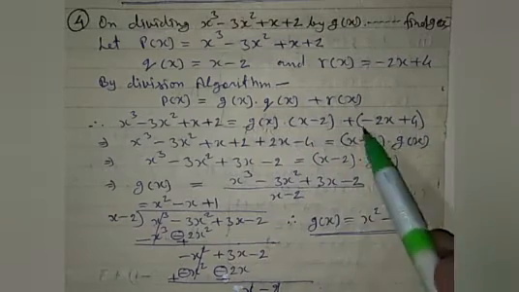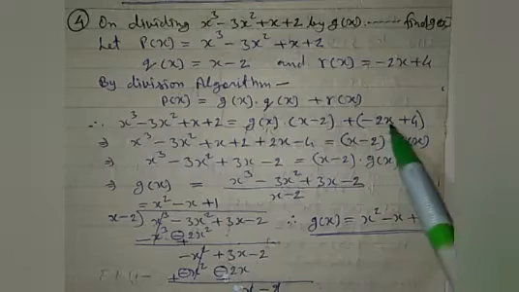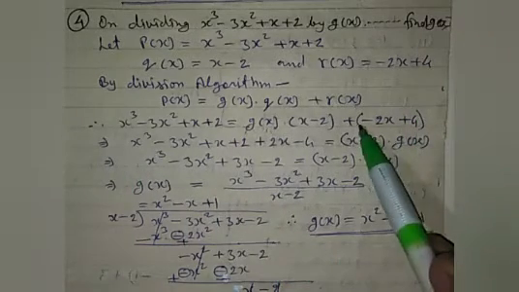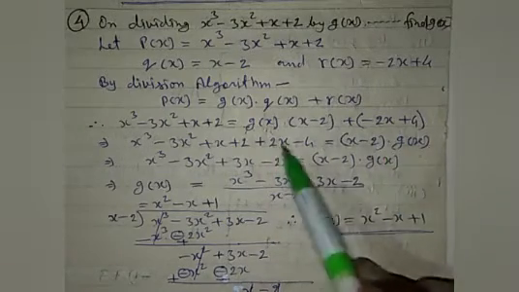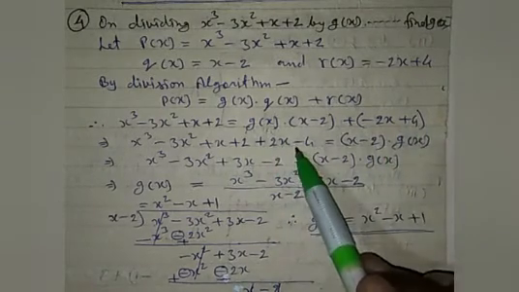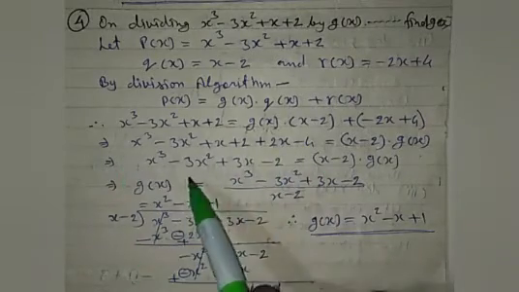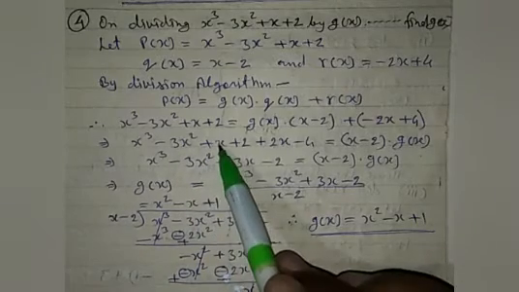So here you have to take minus 2x and plus 4 to the left hand side, then minus 2x will be plus 2x and plus 4 will be minus 4.